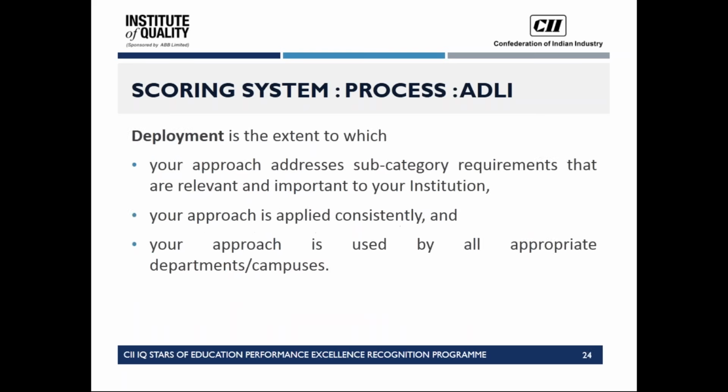The next factor is deployment. Deployment is the extent to which the approach addresses subcategory requirements that are relevant and important to the institution, whether the approach is applied consistently, and whether the approach is used by all appropriate departments or campuses.